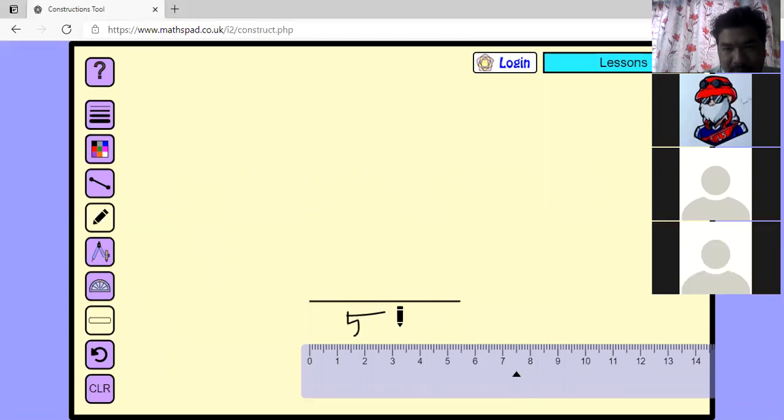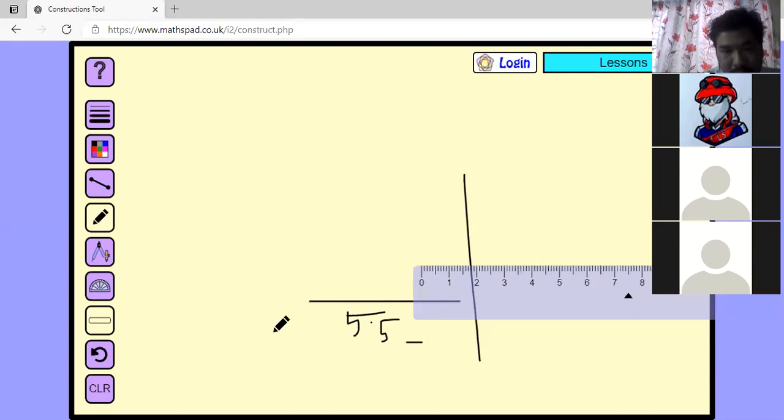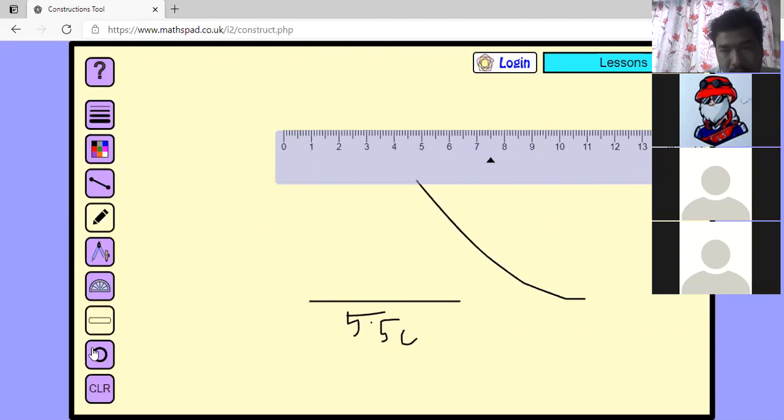Yeah, mention it at the bottom of this line. 5.5 centimeter right there. 5.5 centimeter right here. 5.5 centimeter right there also.